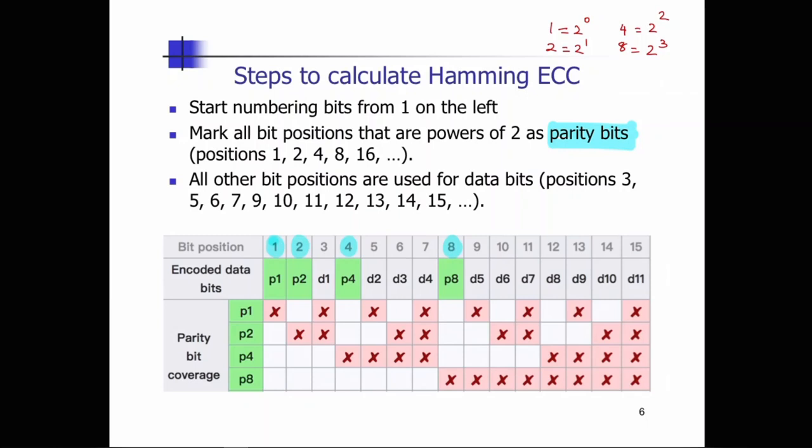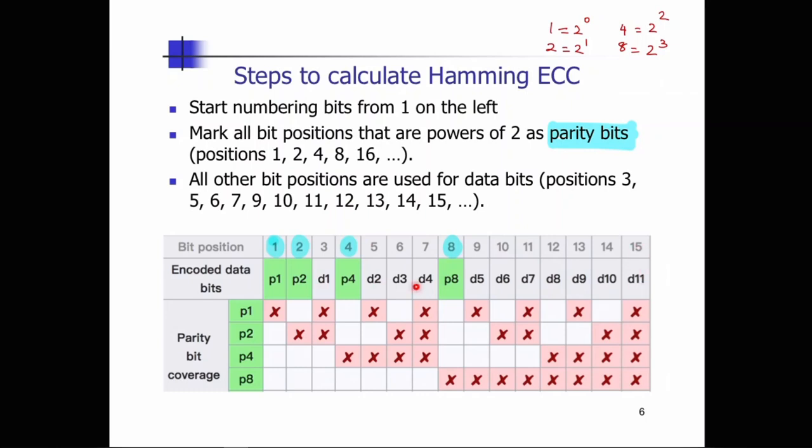Where are the data bits going? Well, all the other bit positions are used for data. So 3 is data 1, 5 is data 2, 6 is data 3, and so on. D11 is on the last location here, which is 15.